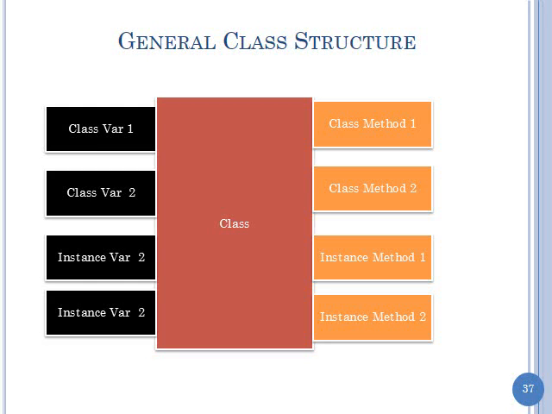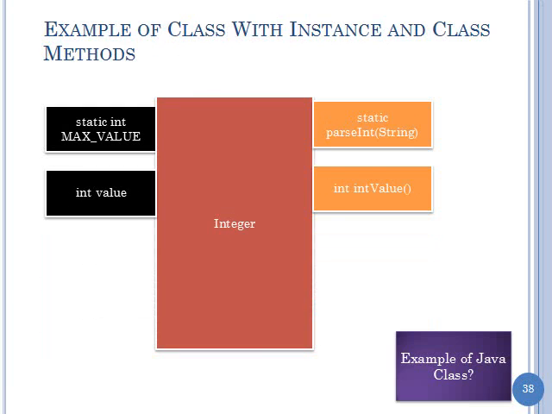It has some instance methods, and it has some class methods and variables. The class Integer is an example of that also, where you have static max value and some internal variable value that keeps the int value. You've got intValue that will return that, and you're used to parseInt as a method you call on Integer.